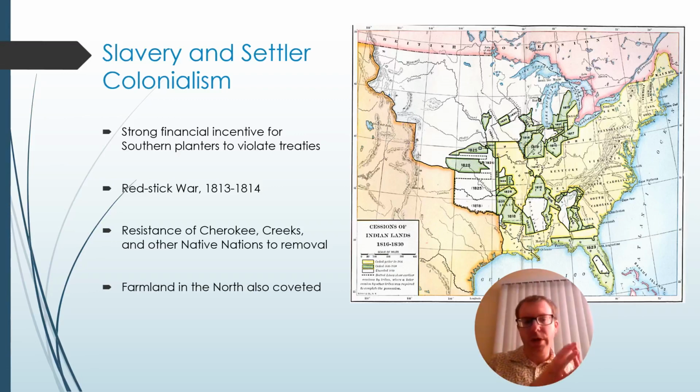The Red Sticks were a group of Creeks who were more traditional and advocated more oppositional politics against the United States, advocating to actually fight the United States and try to hold on to different lands within the Creek Nation.